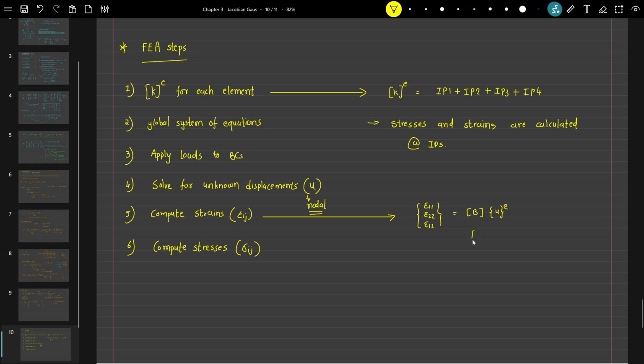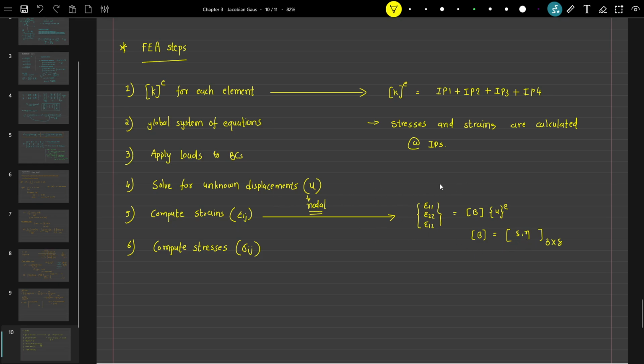And the B matrix, as we know, is a derivative of shape functions with respect to zeta eta. This matrix, in this case, is 3 by 8 for this first order quadrilateral element. So it has 3 by 8 terms, and they have zeta and eta terms. Not all, some have zeta, some have eta. Some have either 0 or 1, but let's take it they have zeta eta terms.